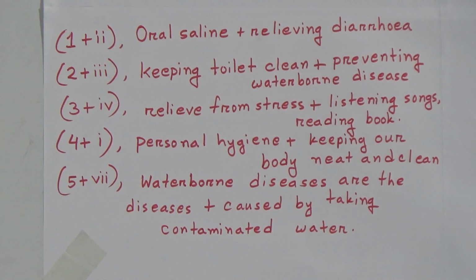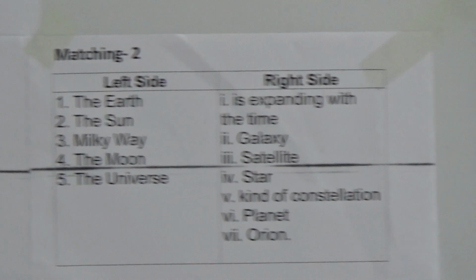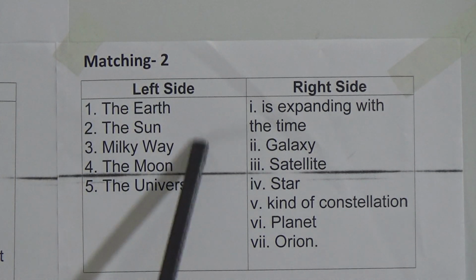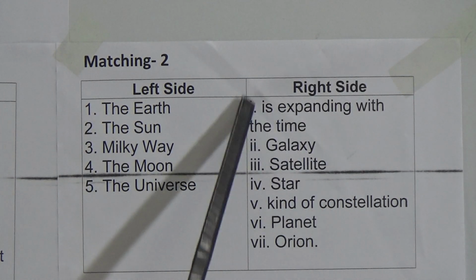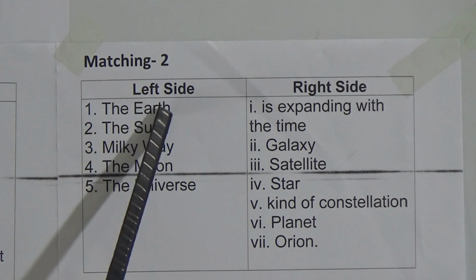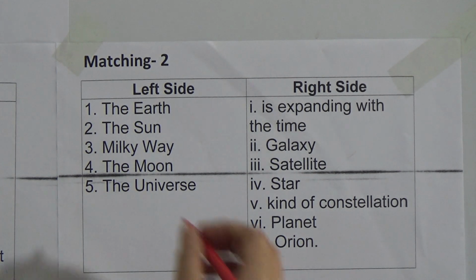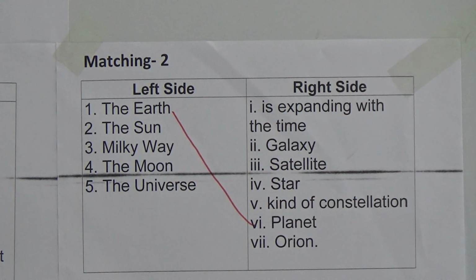Now we will do matching number 2. In our matching 2, in the left side here are the same 5 points, and in this right side here are 7 points, and we will match 5 sentences from here to here. First one is the earth. The earth is a planet, so it will match with this.